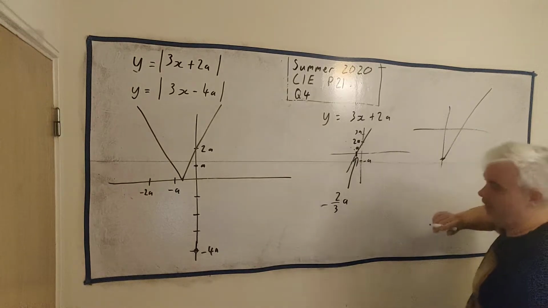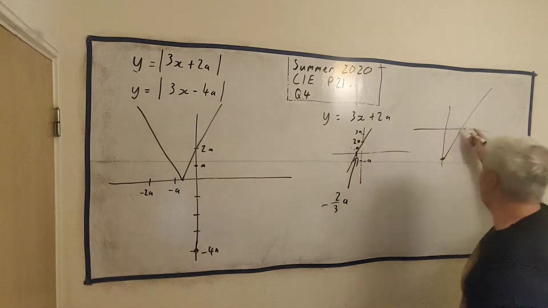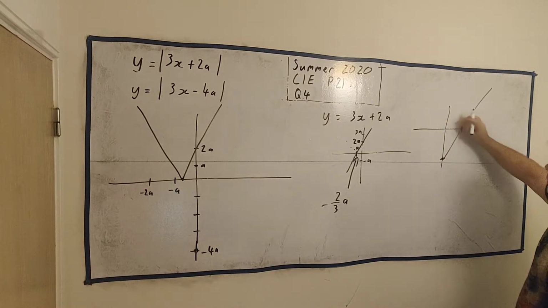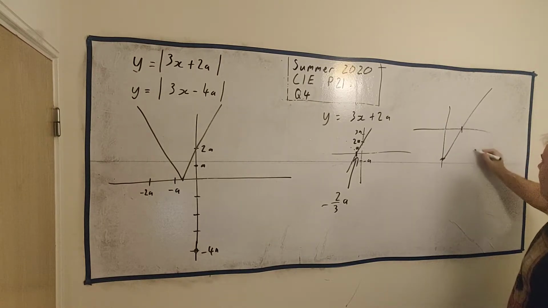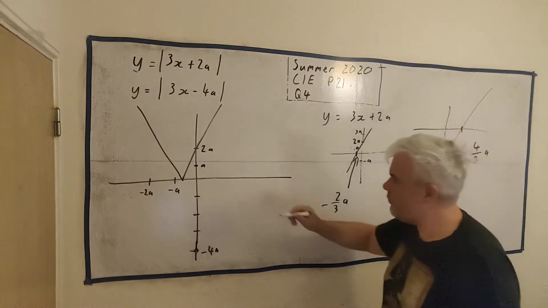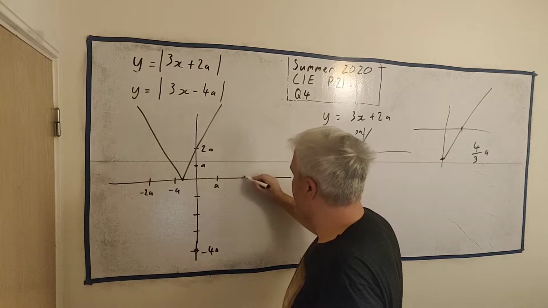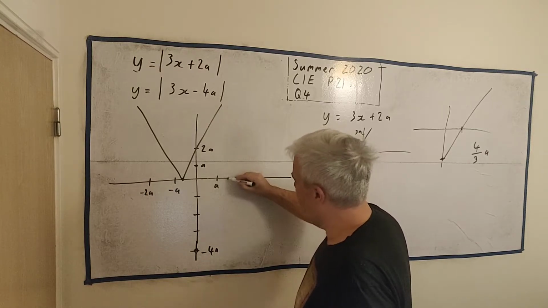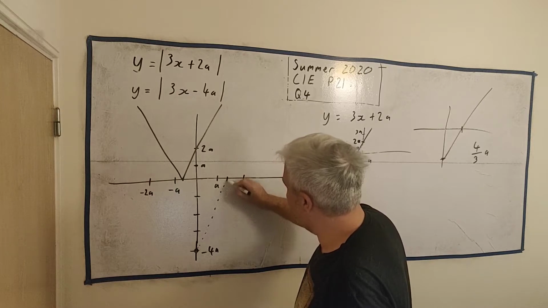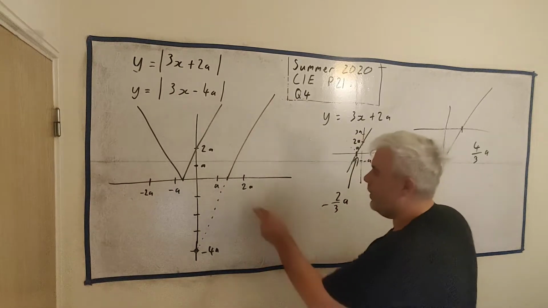So let's figure out where it would hit here. This is 4. This must be 1/3 of that. So that must be 4 over 3a right there. That's a, 2a. 4 over 3 would be around right about here. Let's put it in as a dotted line because I don't want to draw it.